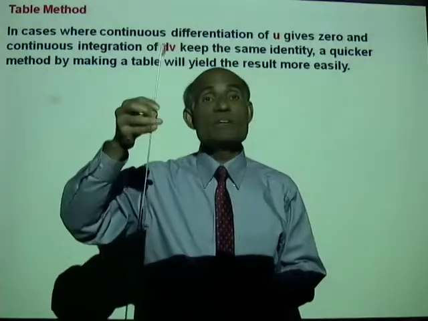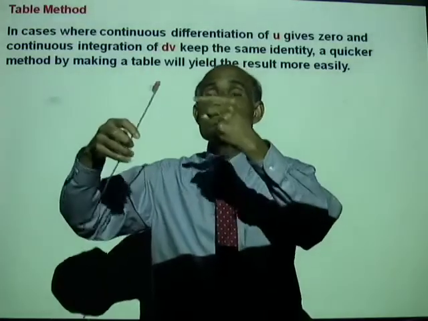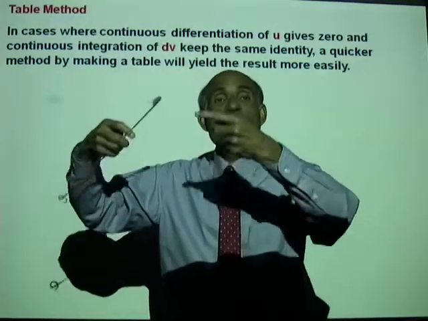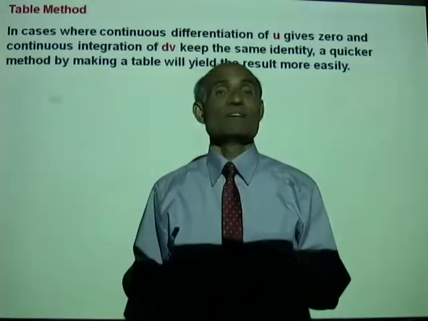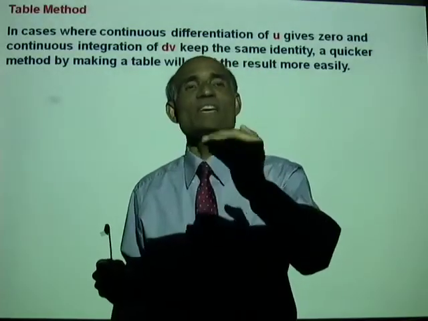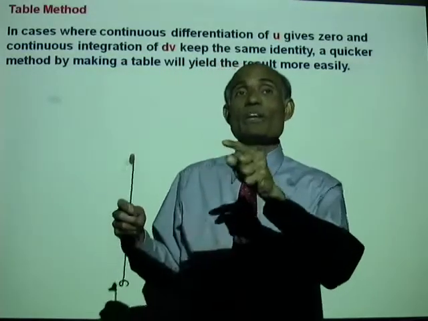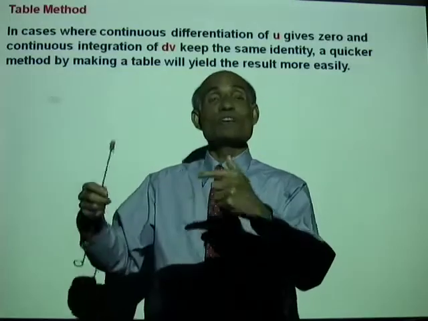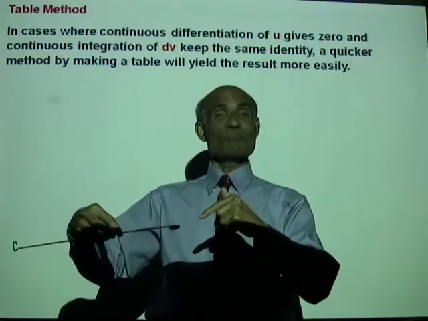And the dv must be such that when you integrate it continuously, the same form must come back. Like, if dv is sine x, you can see the integral of sine x is negative cos x. But the integral of negative cos x is negative sine x. You can see you come back with the same form.